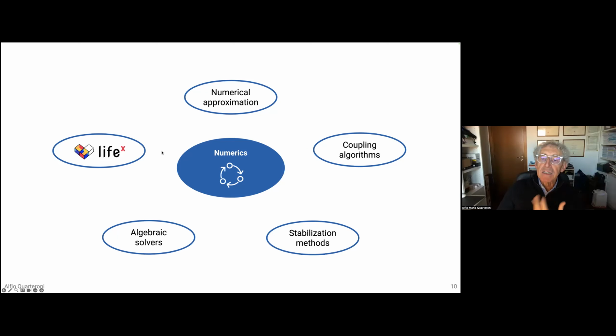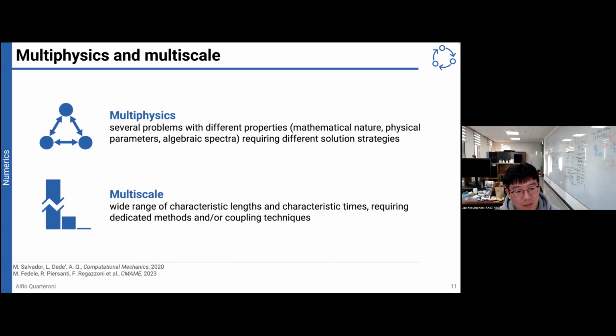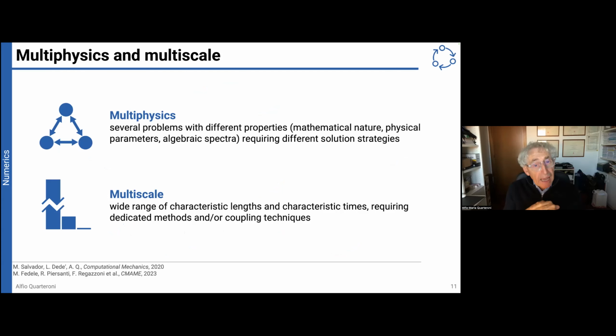We need to stabilize, as we see, and we need to use suitable algebraic solvers for parallel computing. And we had to develop a scientific library to solve all these problems, of course. So those are the main steps. Let me just mention, without giving any detail, the most important features.